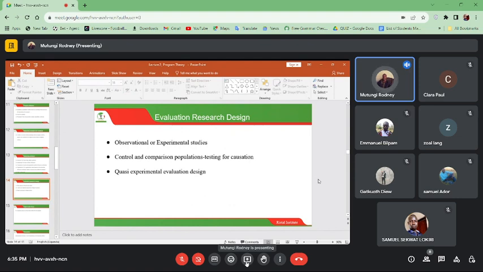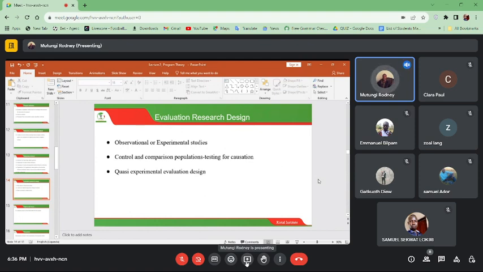Then for us to evaluate the success of our project, we need to design appropriate techniques to do so. So we can have observational or experimental studies, which basically always divide these groups into two.